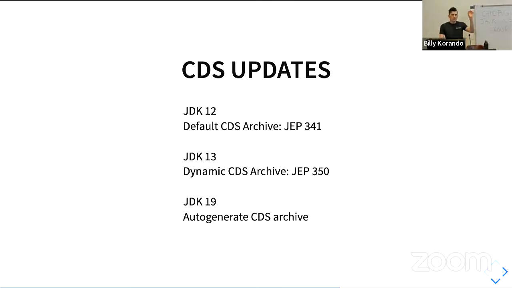Whenever your JVM would start up, it would load a bunch of files off the file system. Back in JDK 5, which I think was released around 2004, you had a hard disk drive with a magnetic platter spinning around and being read from.